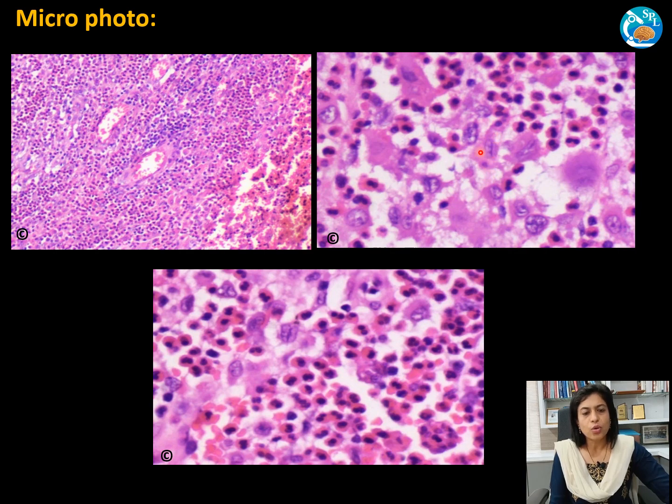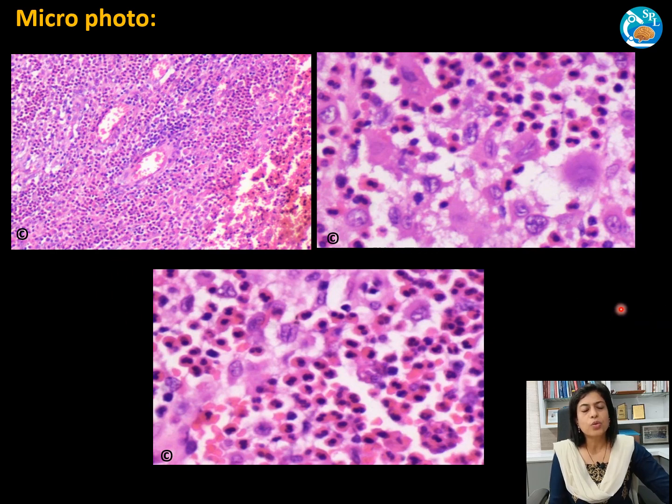The nuclear chromatin is fine and you can see the presence of inconspicuous nucleoli. The nucleus is slightly eccentrically placed and the cytoplasm is abundant and pale eosinophilic. You can see abundant eosinophils in the background.